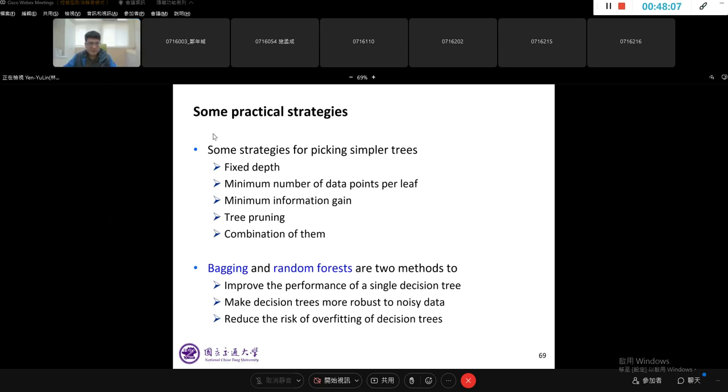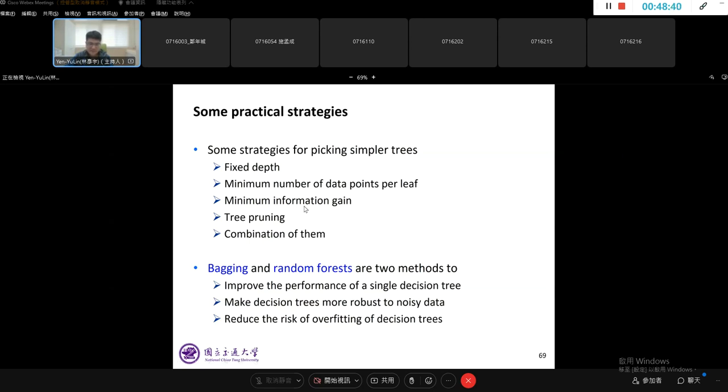So here are some practical strategies to control the size of a decision tree. For example, you can fix the tree depth, or you can specify the minimum number of data points per leaf. Once we don't have sufficient data in the node, the split process should be stopped. The third criterion is about information gain.